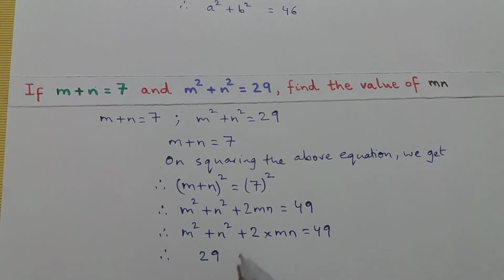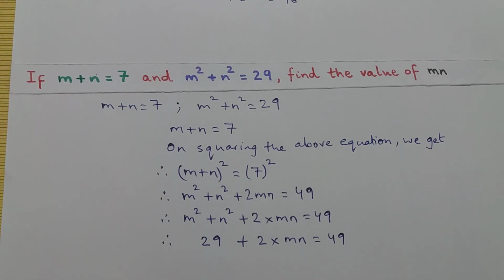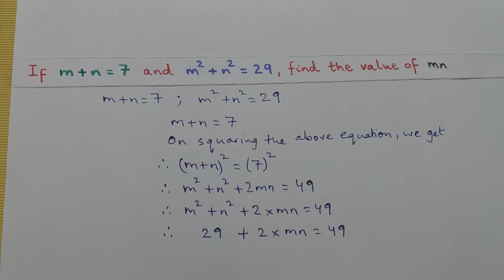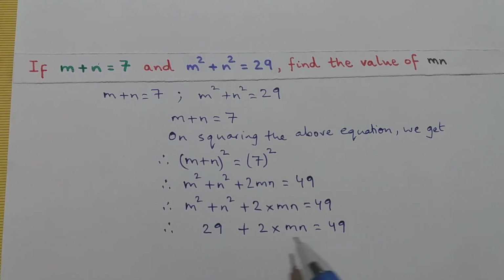So 29 plus 2 into mn is equal to 49. And now I think you can understand where this question is going.